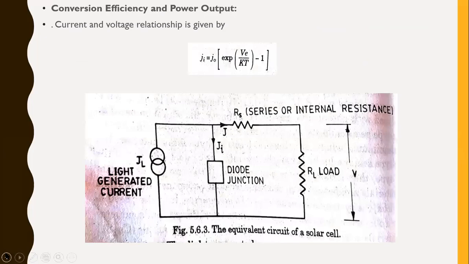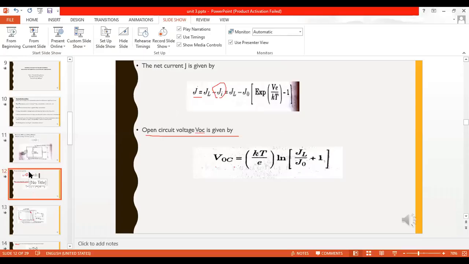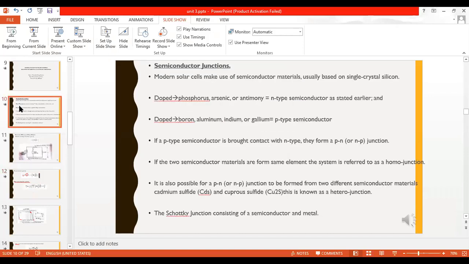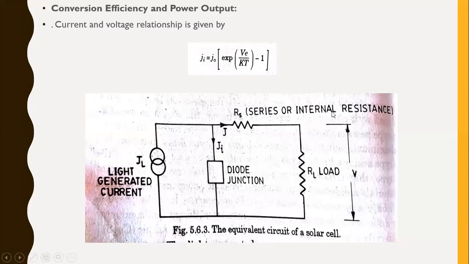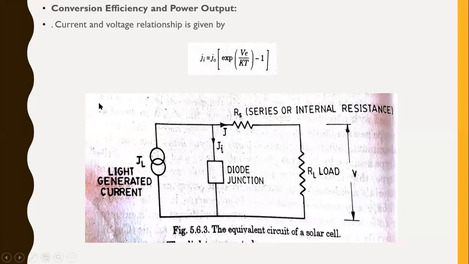The net current J is given by the expression.